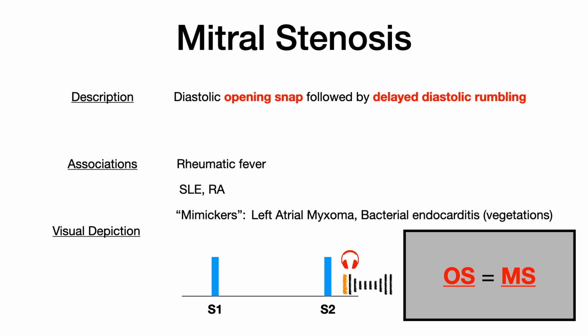So it wants to flow from the left atrium, which is higher pressure, into the left ventricle, which is in ventricular diastole, which is lower pressure. Now, because the mitral valve is stenotic, it's not going to open up until the pressure in the left atrium greatly exceeds the pressure in the left ventricle.